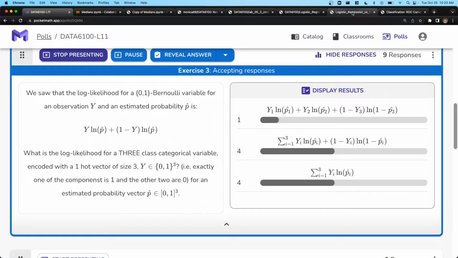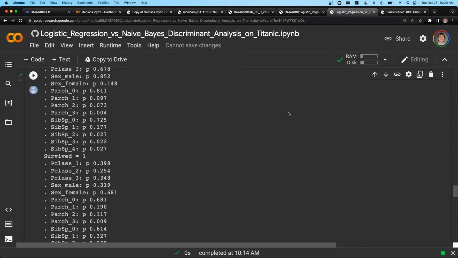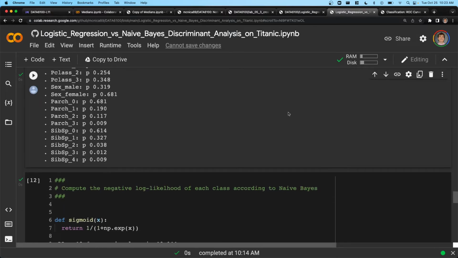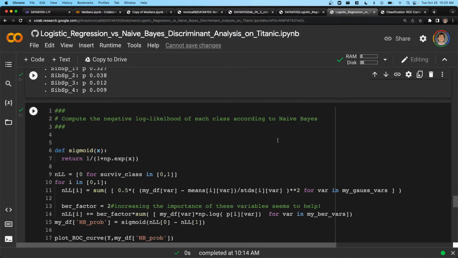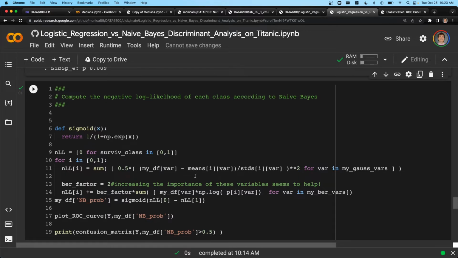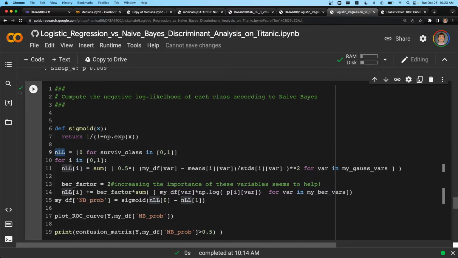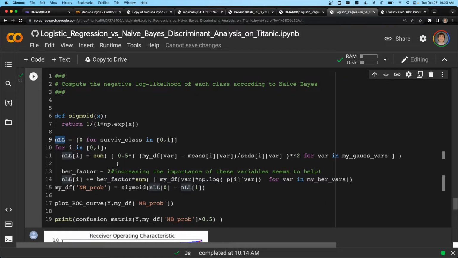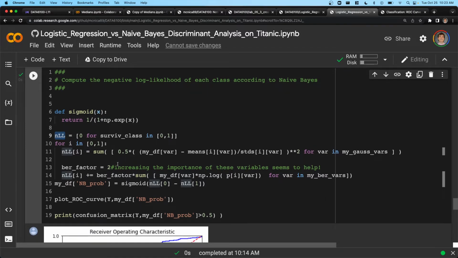Okay, so here's the formula where we compute the likelihoods. When we do the likelihoods, there's 2 terms. This NLL is the negative log likelihood.